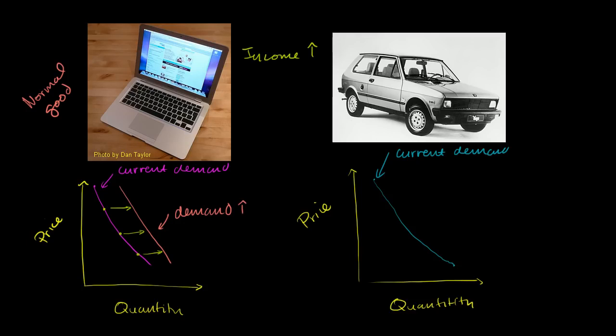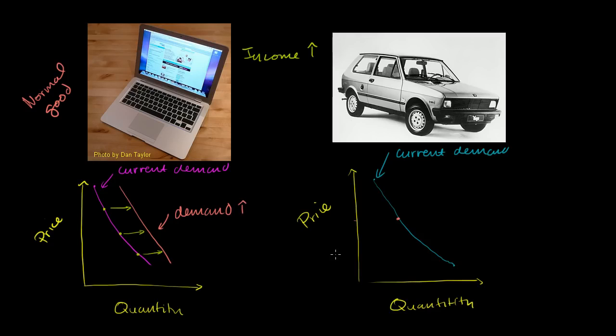Well, in most cases, if income goes up generally, people say, I have a little bit more money now. Maybe I'll buy a slightly nicer car. Maybe in particular, the people who were going to buy this car at any given price point will say, wait, I can now afford a better car. This is maybe not as safe as the other cars. And I want to impress my friends from high school and all of that.